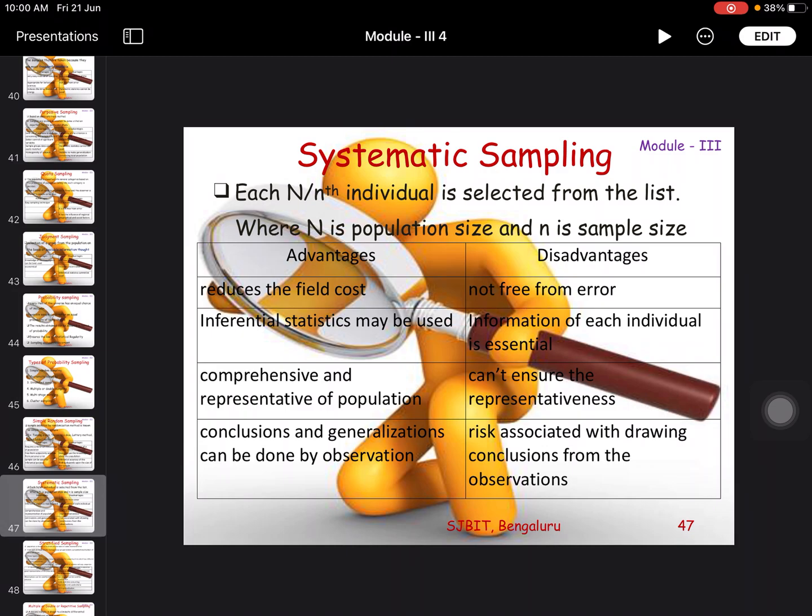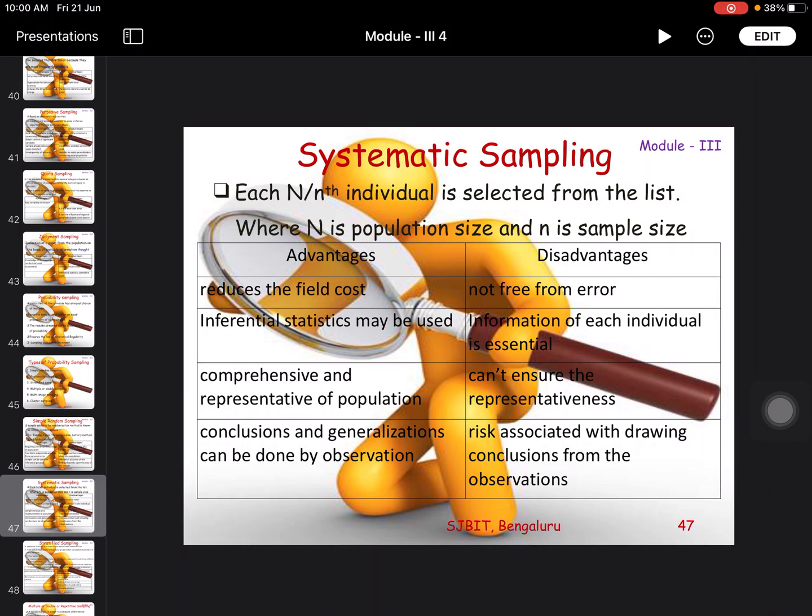Systematic sampling is where you take the population size and a given sample size, since it is a known set of data from which it has to be taken, with parameters aligned systematically for collecting the data.